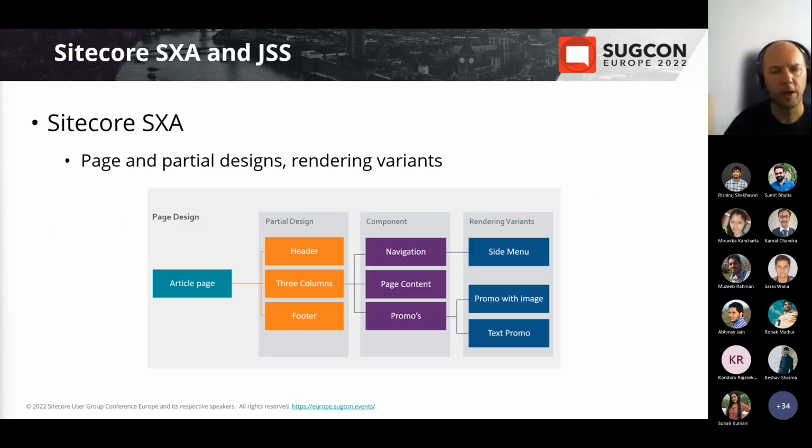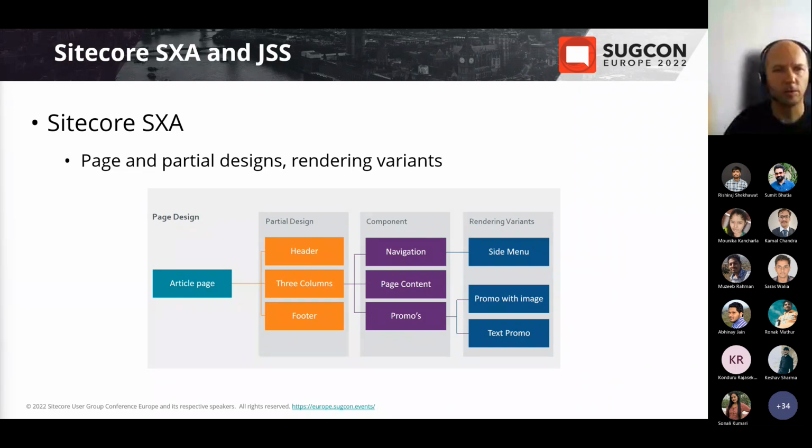Also, when I was working with SXA, the page and partial designs were like a killer feature for the content editors, because previously the developers were the ones who were preparing the page designs. If we think about that, in the standard values on the page templates, you would need to specify what components there will be out of the box.